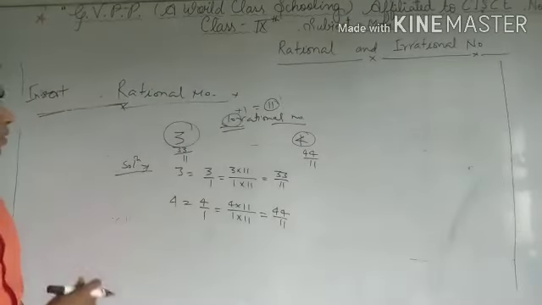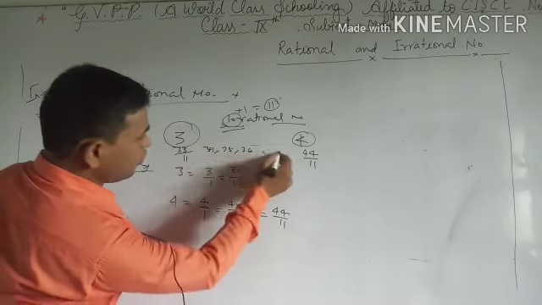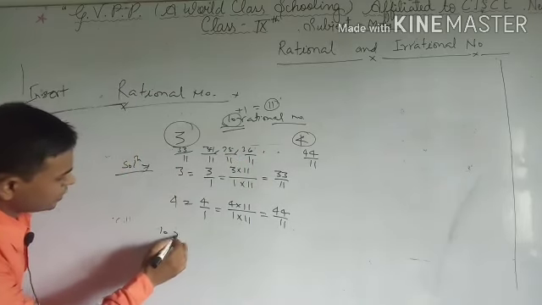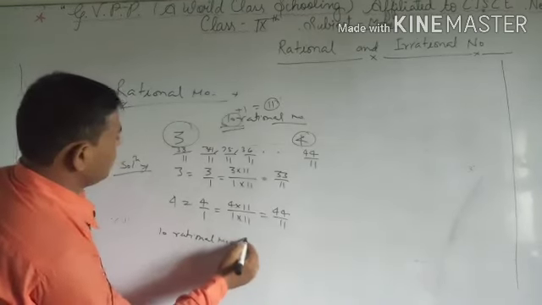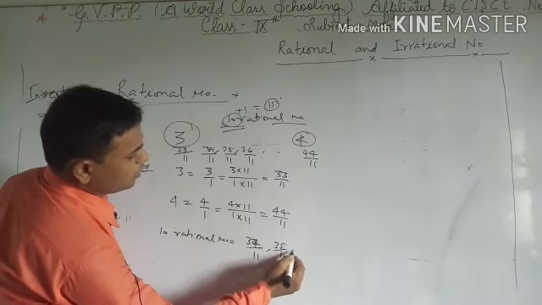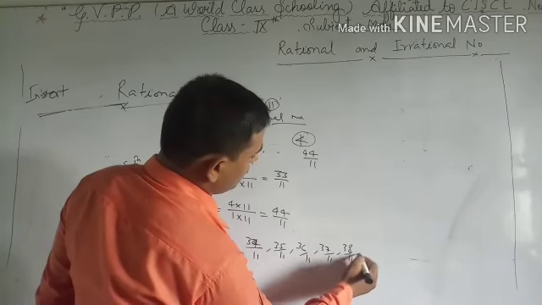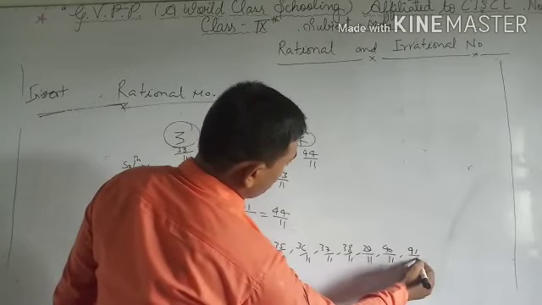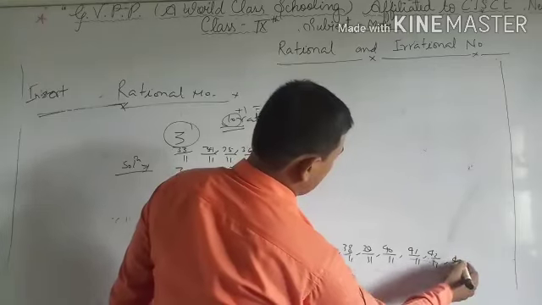So what will be the rational numbers? 33, that means 34, 35, 36 and so on. So here you can write your 10 rational numbers: 34 upon 11, 35 upon 11, 36 upon 11, 37 upon 11, 38 upon 11, 39 upon 11, 40 upon 11, 41 upon 11, 42 upon 11, 43 upon 11.